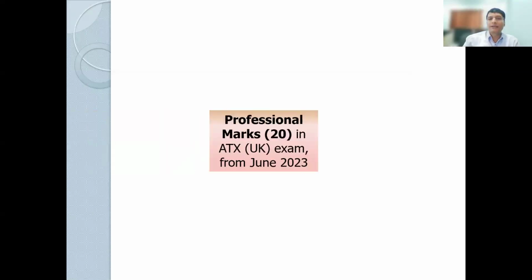This professional marks is a new thing in the advanced tax exam from June 2023. It used to be a very small number, and suddenly this increased to 20 marks. So this is telling that when you are answering the question, you are not answering only technically, but also in a professional manner. So in a way, it's actually good. It used to be 100 marks.